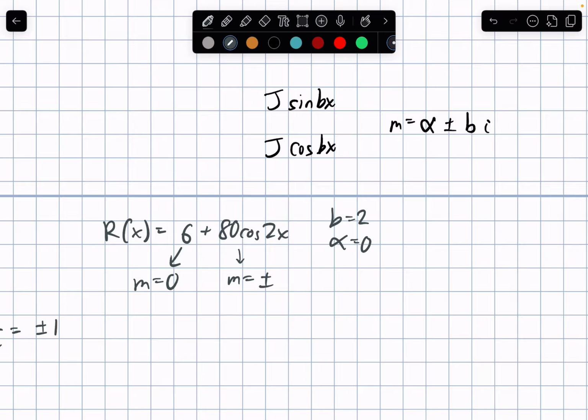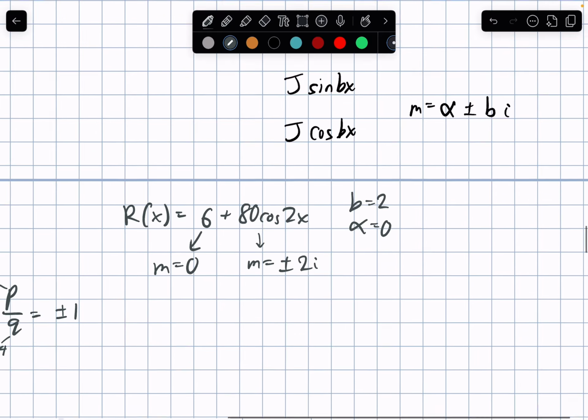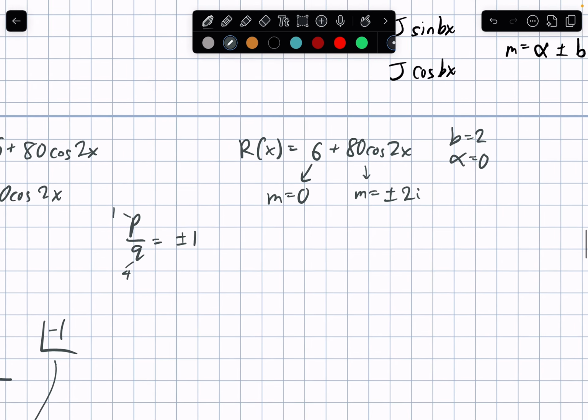So alpha right now is 0. You just leave it as is, and then plus minus b, and then i. So those are the roots.